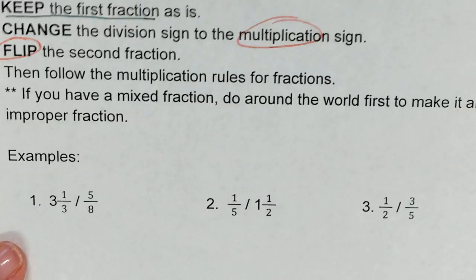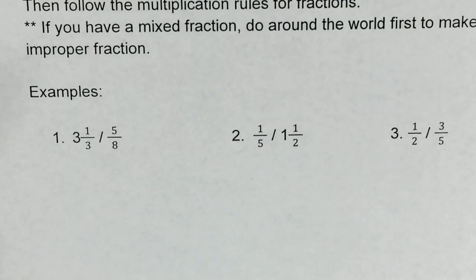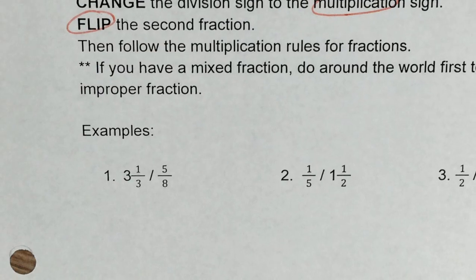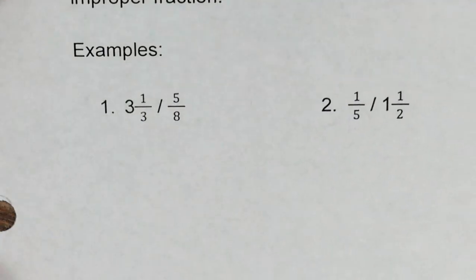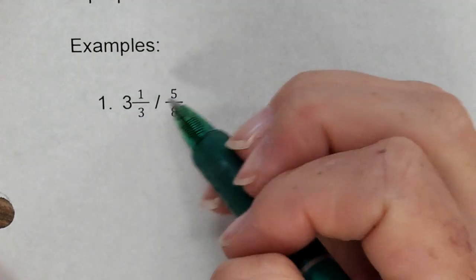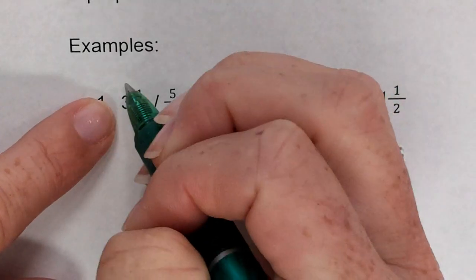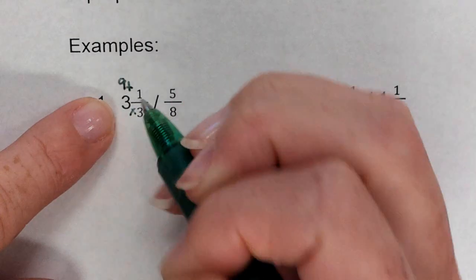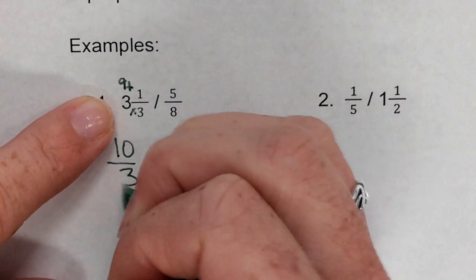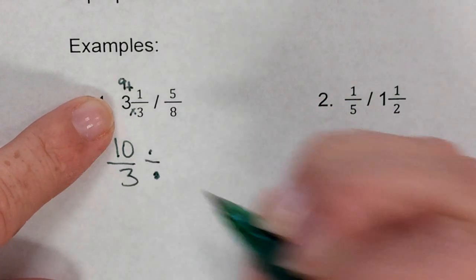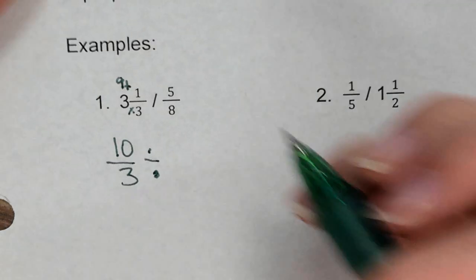Okay? All right, look at the first example. Can we have mixed fractions? No. So we have to do what's called around the world first, and y'all know this means divide, right? So I'm going to do 3 times 3 is 9, and 9 plus 1 is 10, so I have 10/3 divided by, and if you want to change your division sign, you can, 5/8.